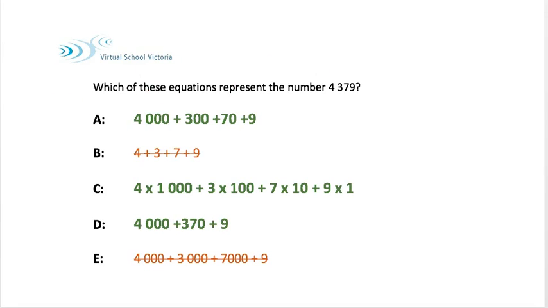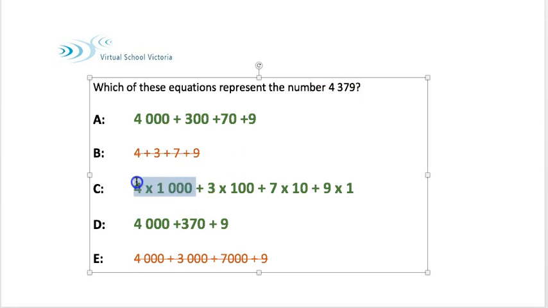Now, let's look. 4,000 plus 300 plus 70 plus 9 is perfectly correct. 4 plus 3 plus 7 plus 9 equals 23, so that's a long way off 4,379. Then you can have 4 groups of 1,000, 3 groups of 100, 7 groups of 10, or 9 groups of 1, and that makes 4,379.